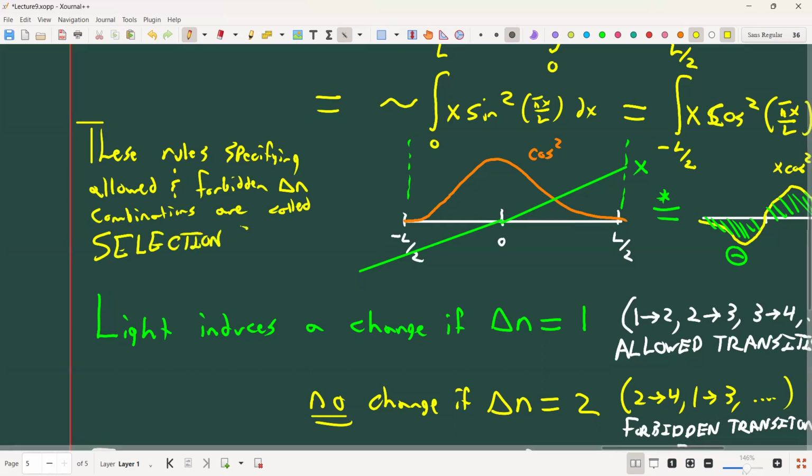Every spectrum has a series of selection rules, and the selection rules vary on the problem.